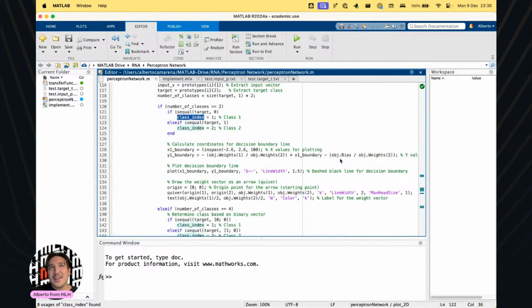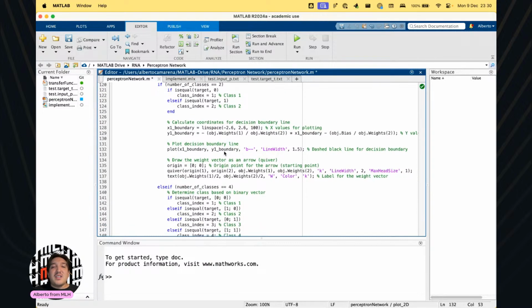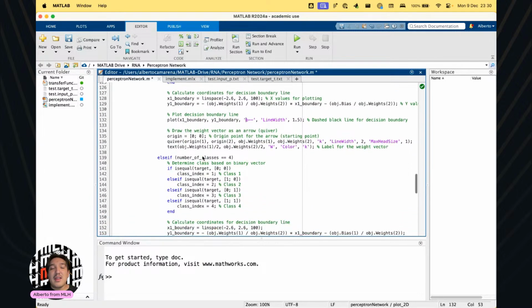This equation you can get from the same Wp + b = 0. That's where I get this from. Plot the decision boundary line and draw the weight vector as an arrow.